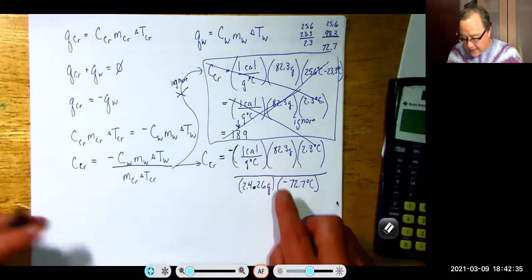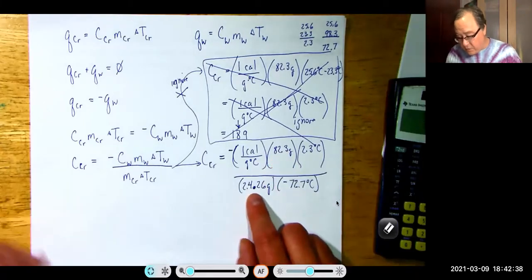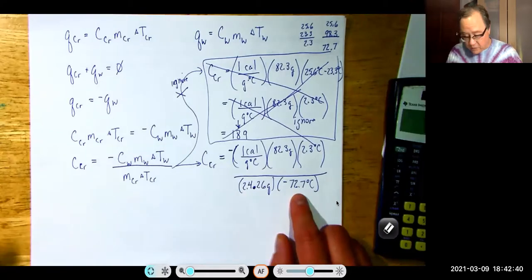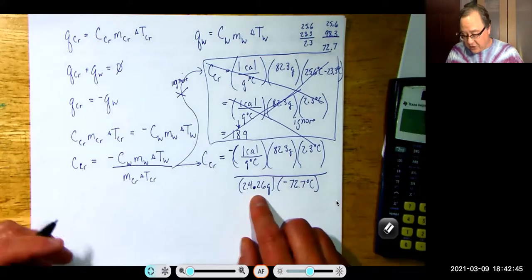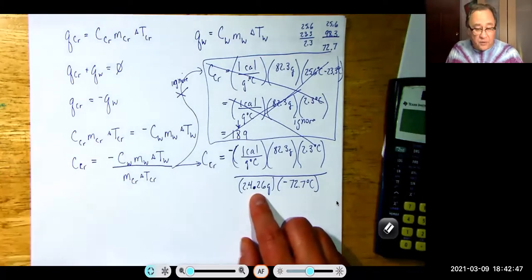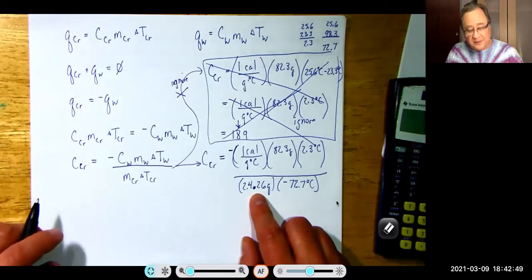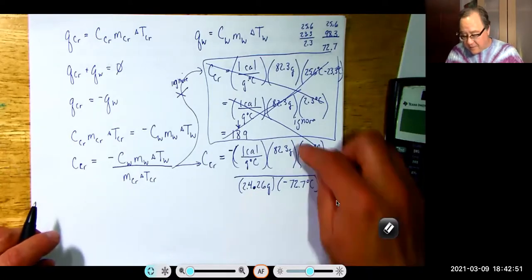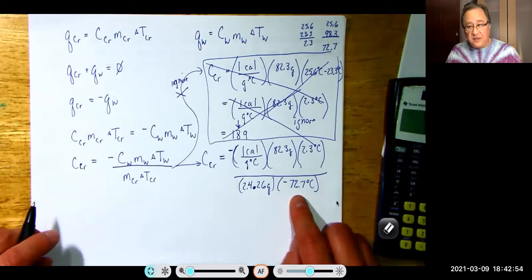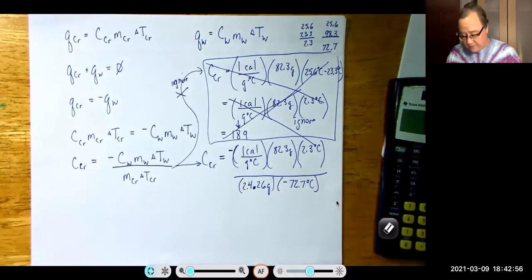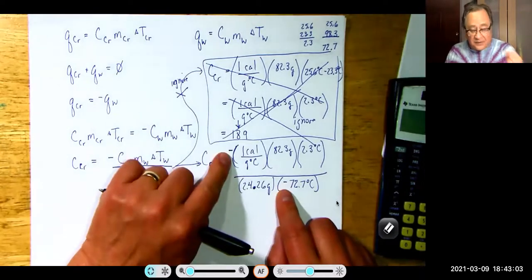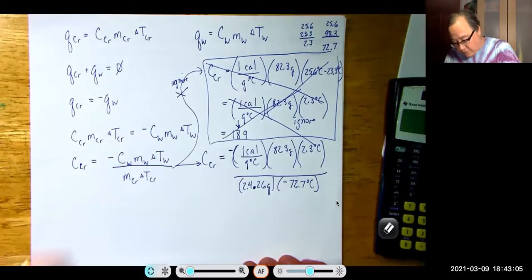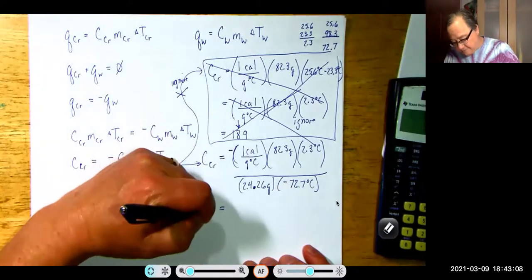So I have 180 divided by 24, well, actually 72.7 or 24.26. I'm going to do the 24.26. So how many times will 24.26 go into 180? About 7 times. So I have 7 divided by negative 72, which is about 1/10 or 0.1. Negative 0.1. But since this is negative, the negative of a negative is positive. So I should get about 0.1 for my specific heat capacity of chromium.